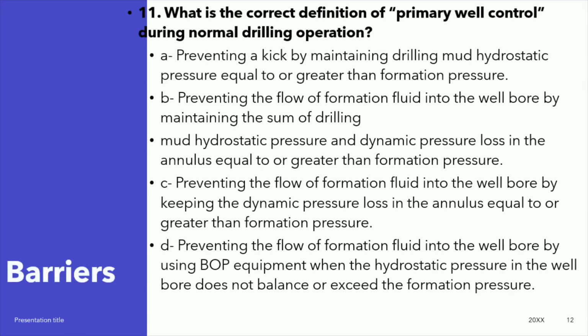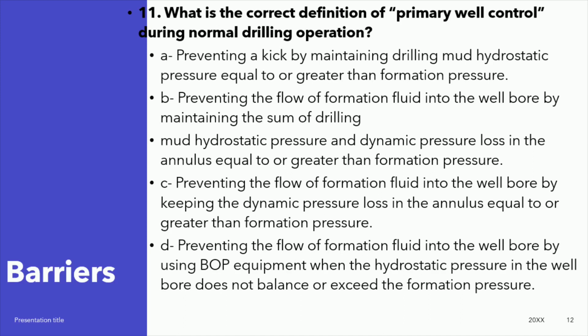11. What is the correct definition of primary well control during normal drilling operation? A. Preventing a kick by maintaining drilling mud hydrostatic pressure equal to or greater than formation pressure. B. Preventing the flow of formation fluid into the wellbore by maintaining the sum of drilling mud hydrostatic pressure and dynamic pressure loss in the annulus equal to or greater than formation pressure.